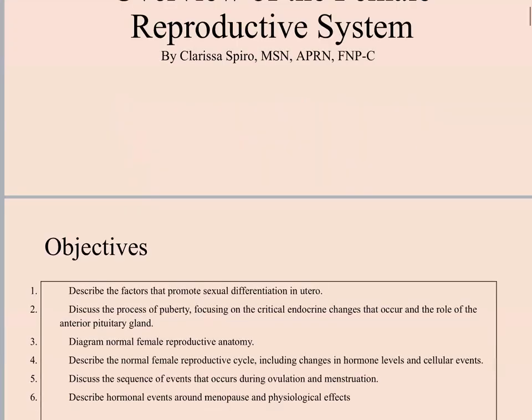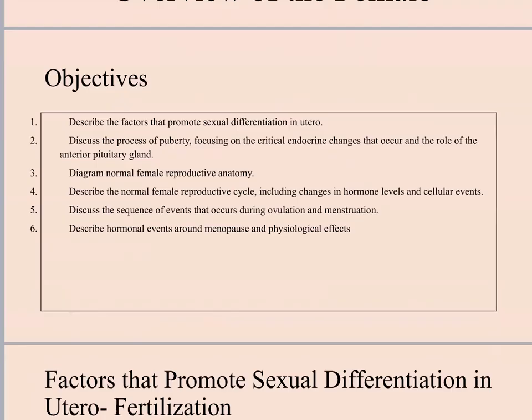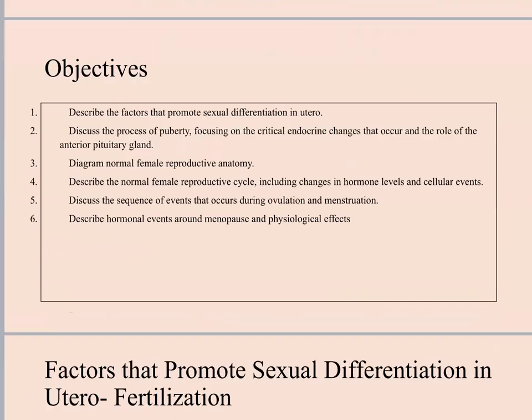So here are our objectives. We're going to talk about different factors that promote sexual differentiation in utero, talk a little bit about puberty, diagram normal female reproductive anatomy. We will not be discussing breasts today. We may do that at a later time.